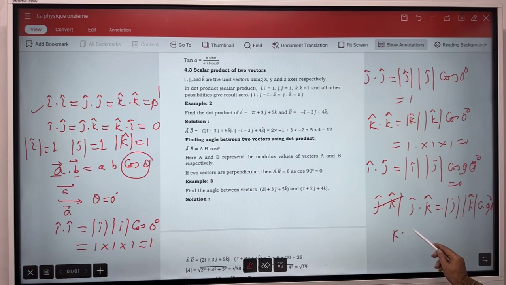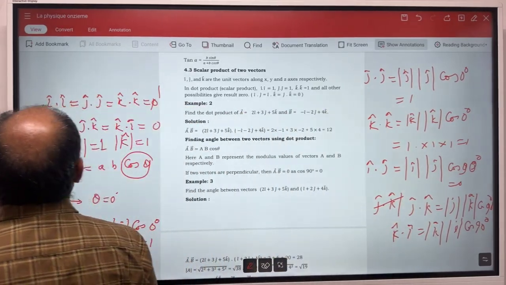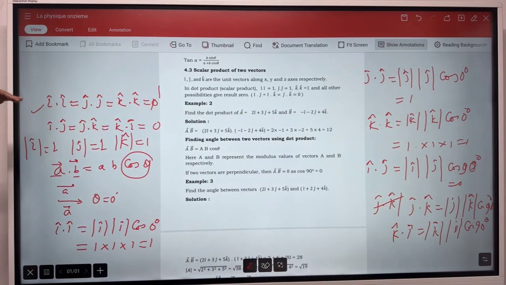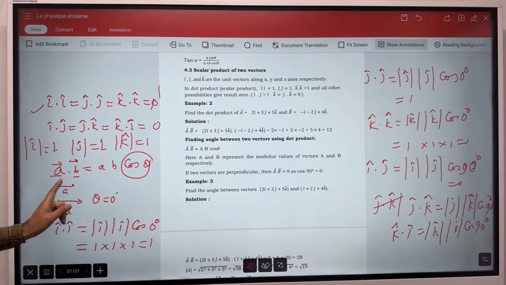Similarly, if you take K dot I, modulus K modulus I times cos 90 degree. So the concept that we started is I dot I, J dot J, K dot K gives 1, and I dot J equal to J dot K equal to K dot I gives 0. Proof of both you have understood.